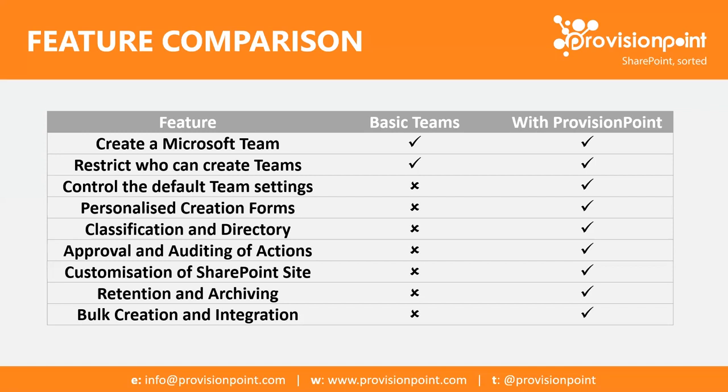Provision Point adds a number of extra layers on top of that, including things like controlling the default team settings, delivering customized creation forms to users with metadata included, approval and auditing associated with creation of teams if you want to, and also components such as retention and archiving of teams. We also have an API available within Provision Point, which helps with bulk creation of teams or more advanced integration scenarios.